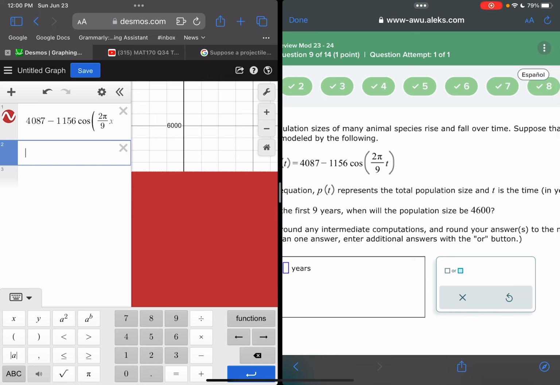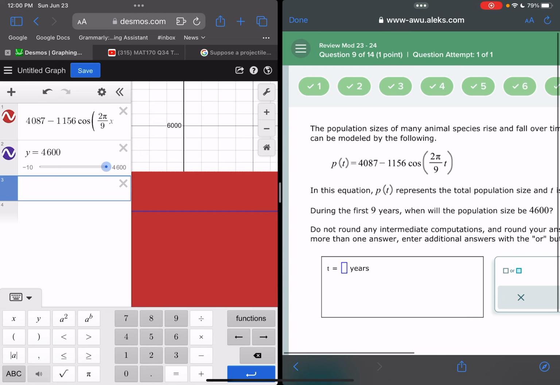So I put in Desmos, I already put the equation, and instead of T, I use X, because when it translates over to Desmos, T is X. And we're going to put Y equals 4,600. And we want within the first 9 years.